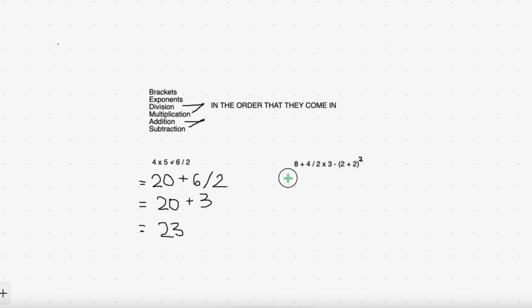So we're going to put the equal sign and carry down everything that we have not completed yet: 8 plus 4 divided by 2 times 3 minus, and now in brackets we have 2 plus 2.